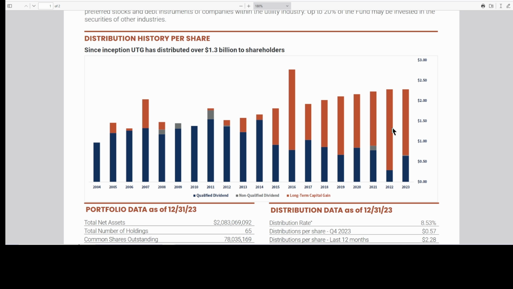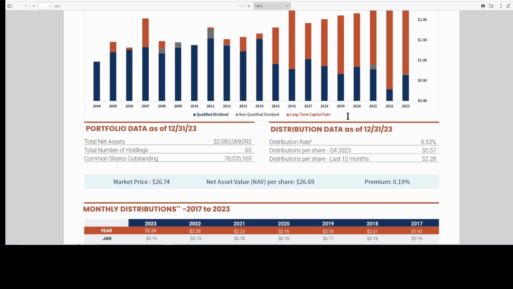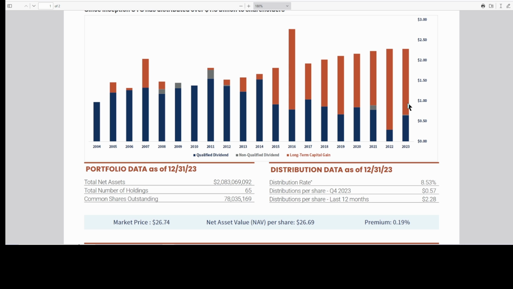But if they don't, like look at 2022, the majority of the payout was long-term capital gains. So if there are no long-term capital gains, then the payout is either going to have to get cut, or what some CEFs do is actually just sell some of the securities and give you short-term capital gains, which you get taxed at your regular tax bracket.